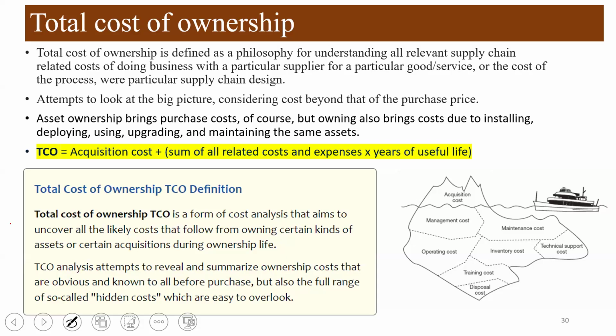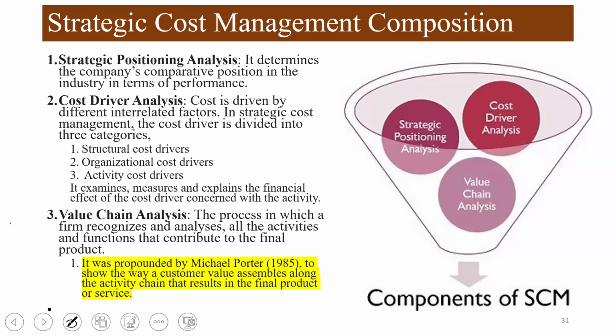In total cost of ownership, you see only the acquisition cost, but inside there are other components that are invisible: management cost, maintenance cost, inventory cost, technical support cost, then training, disposal, everything. You need to identify that as well. With that, you find different methods. I have given many costing methods and pricing methods.